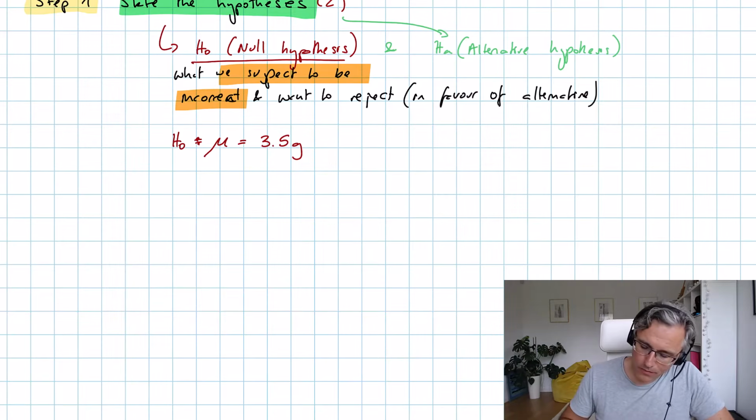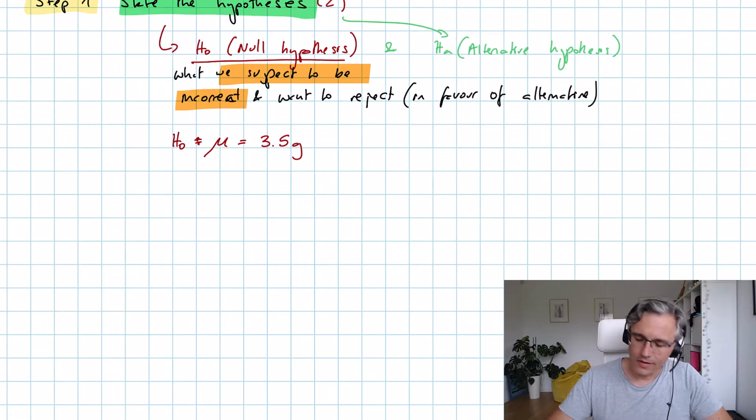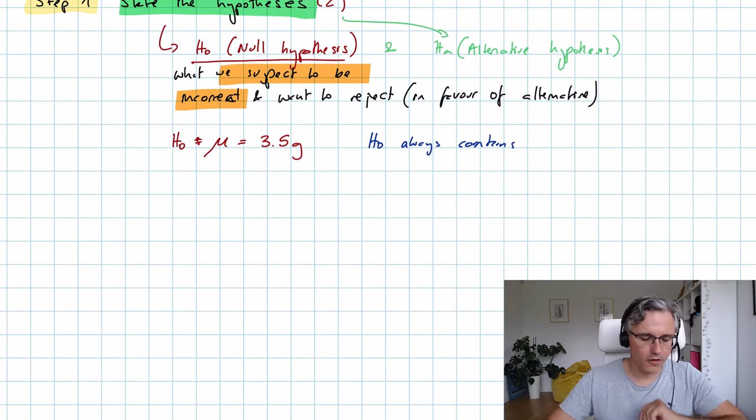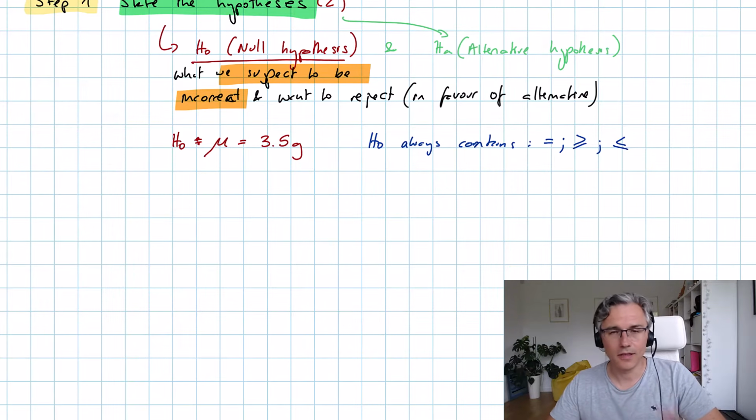Now, to a maybe easier task, H0 always, absolutely always contains one of the following signs: the equal sign, the greater than or equal to, or less than or equal to. So there is always an element of equality in the H0, in the null hypothesis.